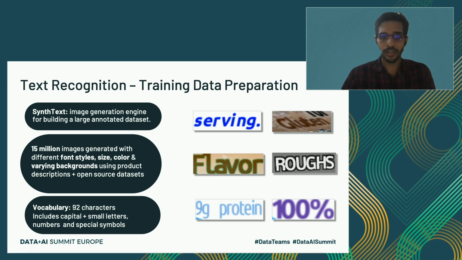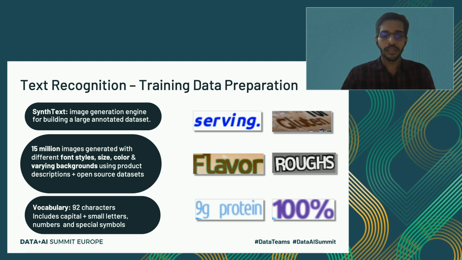The variations include changes in font styles, font sizes, different colors, and different backgrounds. A lot of variations were included in the training set, because in the product images also the text is not straightforward. We have a lot of variations in the product image itself, so in order to mimic that, we included those variations in the data generation process as well.